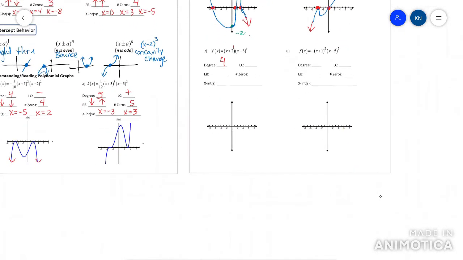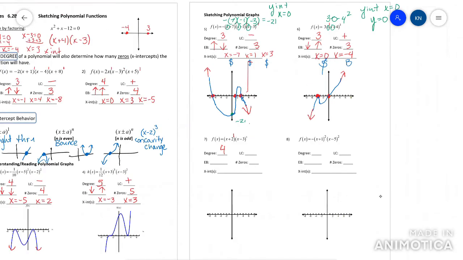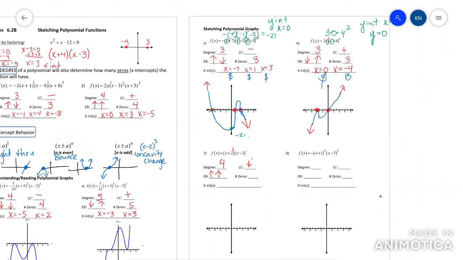Leading coefficient is a 1, so positive. The end behavior on a positive even function is up, up. The number of zeros, make it match degree, 4. The x-intercepts, set each of these equal to 0.